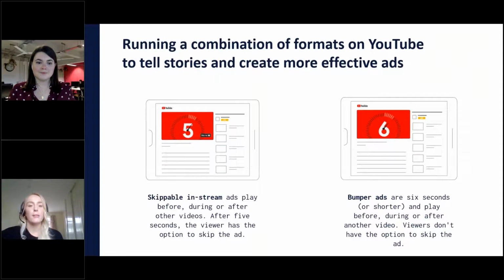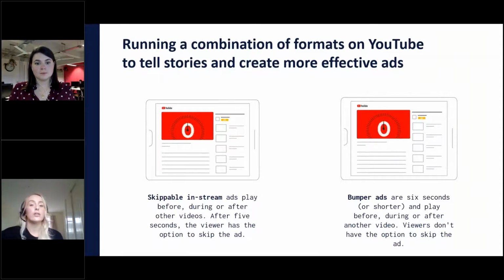So this is a really good platform for brand awareness, and whether that's a new product or a completely new brand. There are a range of video formats on YouTube, the most common being skippable in-stream. So after 5 seconds, a viewer has the option to skip the ad. And bumper ads are also another format that we use.